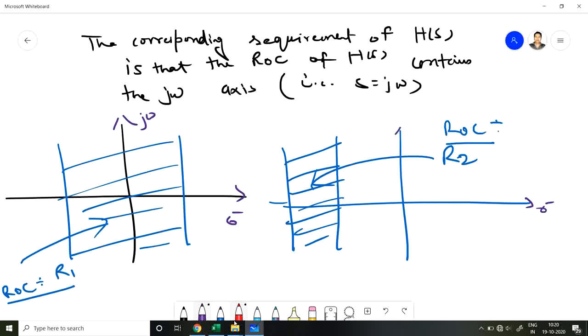This ROC contains the j omega axis, so we can say the system with ROC R1 is stable. The ROC R2 does not contain the j omega axis, so we can't say it is stable; it is unstable basically.